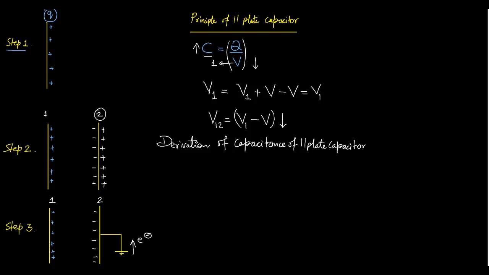For this, first of all, we will write C equals Q by V. Now our target is to find the value of V. The electric field intensity between the plates, let's say, is E. Now we will find this field in terms of surface charge density. Let's say the surface charge density of the positive plate is plus sigma, and for the negative plate it is minus sigma.